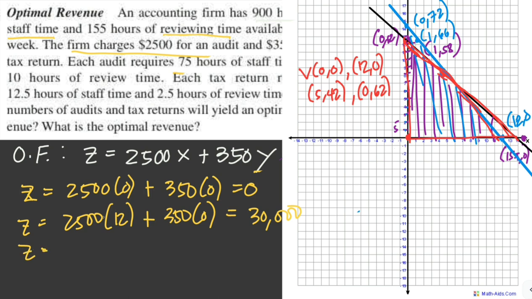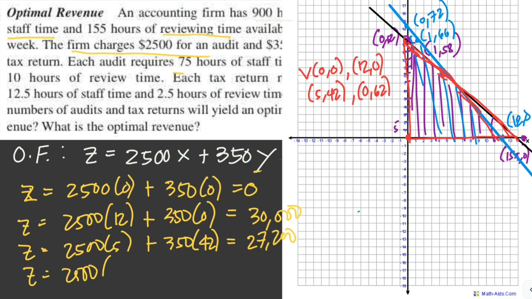When x is 5 and y is 42, then z is 27,200. And when x is 0 and y is 62, we get 21,700.